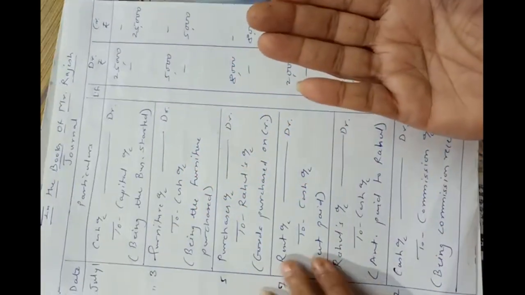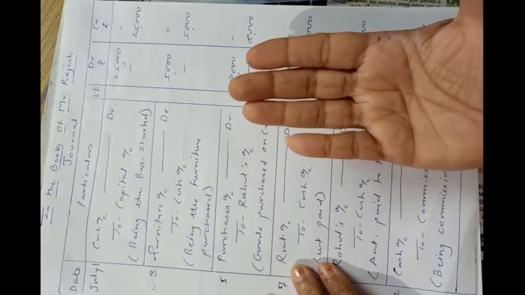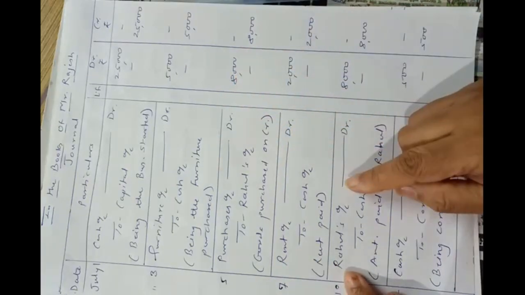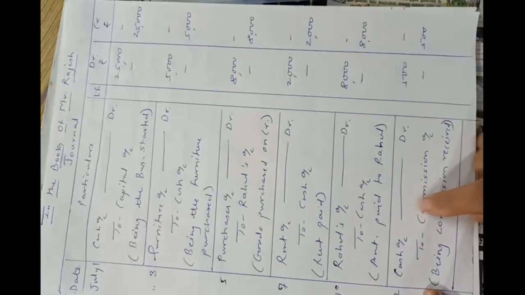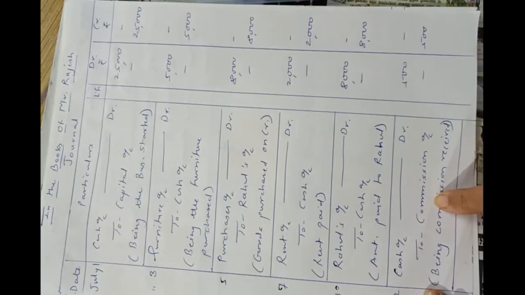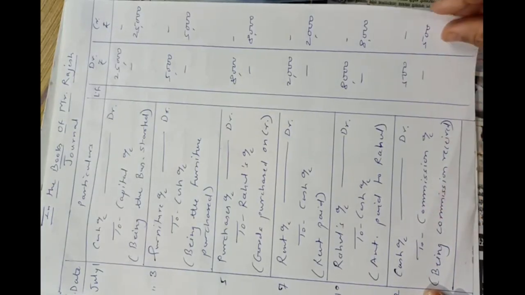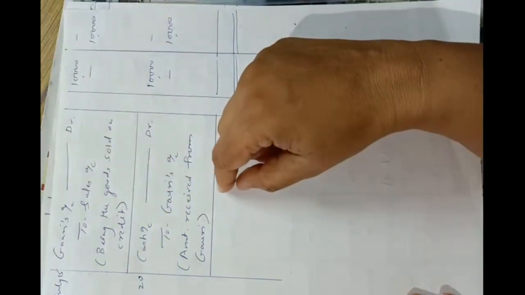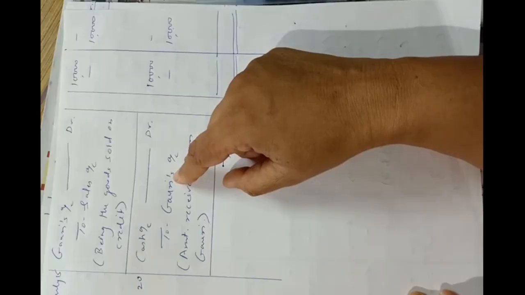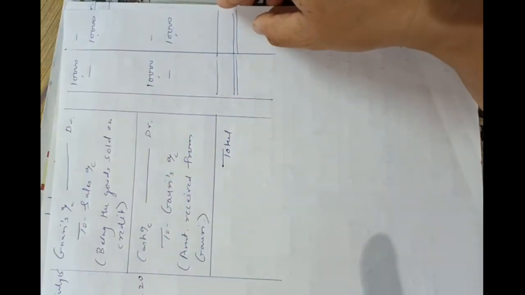Then rent and cash, rent is a different account, so the sixth account will be rent account. Rahul and cash, both accounts we have drawn already, so we will not draw again. Then commission account is a different account, so again we will draw commission account. Then Gauri's account and sales account, both accounts are different, so we will draw both, Gauri's account and sales account. And here we will not draw again cash account and Gauri's account because we have drawn these accounts already.